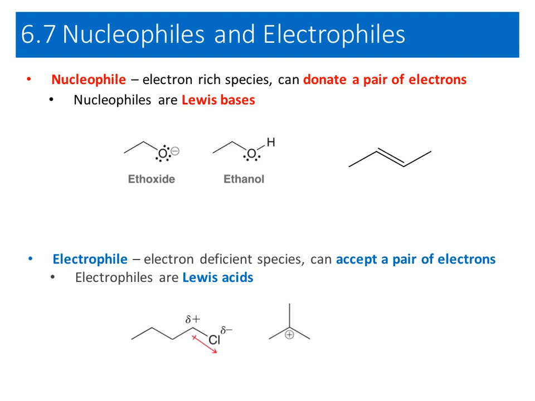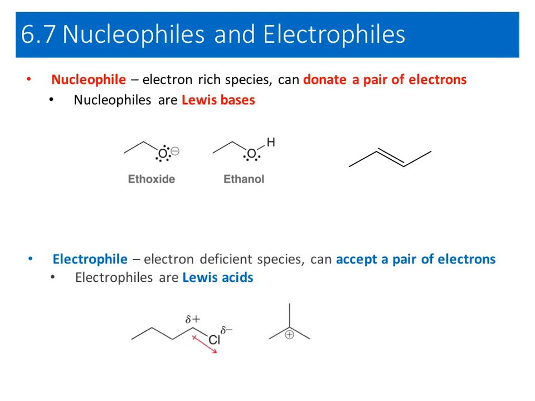For example, ethoxide has lone pairs of electrons on oxygen, so that oxygen can act as a nucleophile. Ethanol also has lone pairs of electrons on oxygen, so it can also act as a nucleophile. It doesn't have to have a negative charge, it just has lone pairs of electrons on it. Even the electrons in a pi bond are a source of electrons, so it can act as a nucleophile.